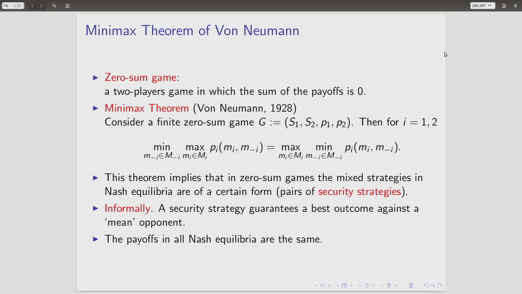So von Neumann, who was considered by many one of the most brilliant mathematicians of the 20th century, who also contributed to the creation of the first computer, was also involved in the Manhattan Project, the aim of which was to construct the atomic bomb. So he was a marvelously versatile mathematician.